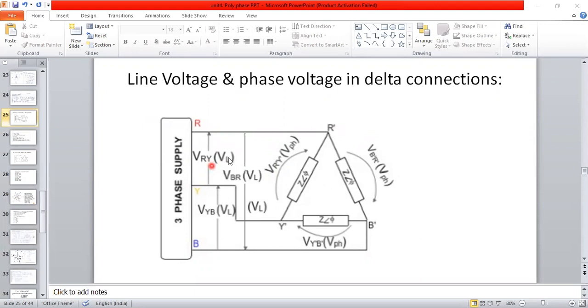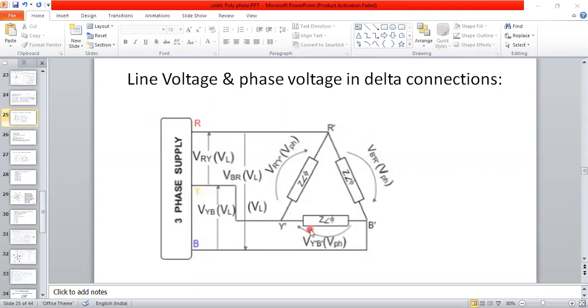We can say, yes, line voltage equal to phase voltage here. So for the delta connection, the line voltages are equal to the phase voltages here. VRY equal to VR dash Y dash, VBR equal to VB dash R dash, B to R here, it will go like this, B to R. So B dash R dash and VYB equal to VY dash B dash.